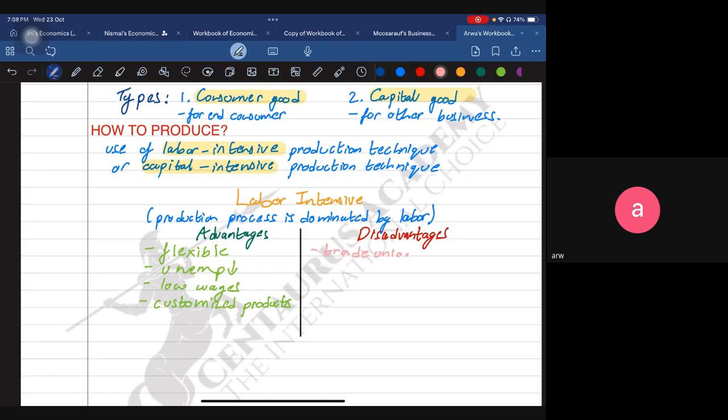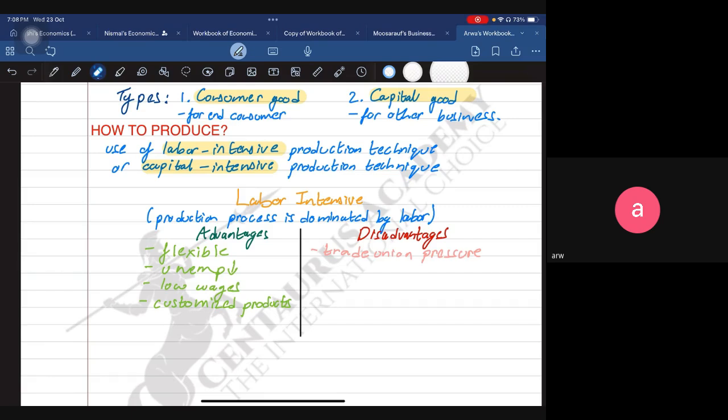Trade union pressure includes all the things that you discussed: they fight for higher wages, they will go on a strike, they want better working conditions. They can also question the dismissal of a worker, claiming that it is unfair.